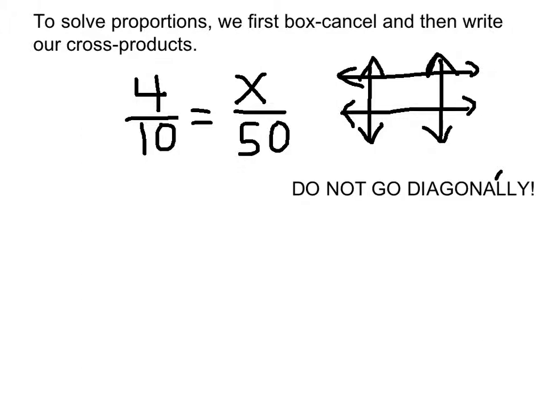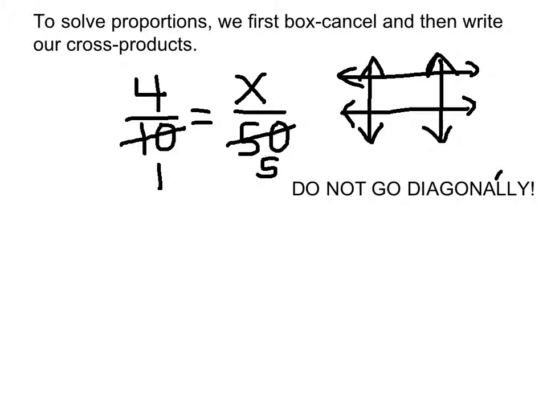Looking at this example, you can see you have a 10 and a 50, and you also have 4 and 10. We're going to start by going from denominator to denominator. We're going to divide both of them by 10. 10 divided by 10 is 1. 50 divided by 10 is 5. Now at this point you can see there's nothing left to box cancel.